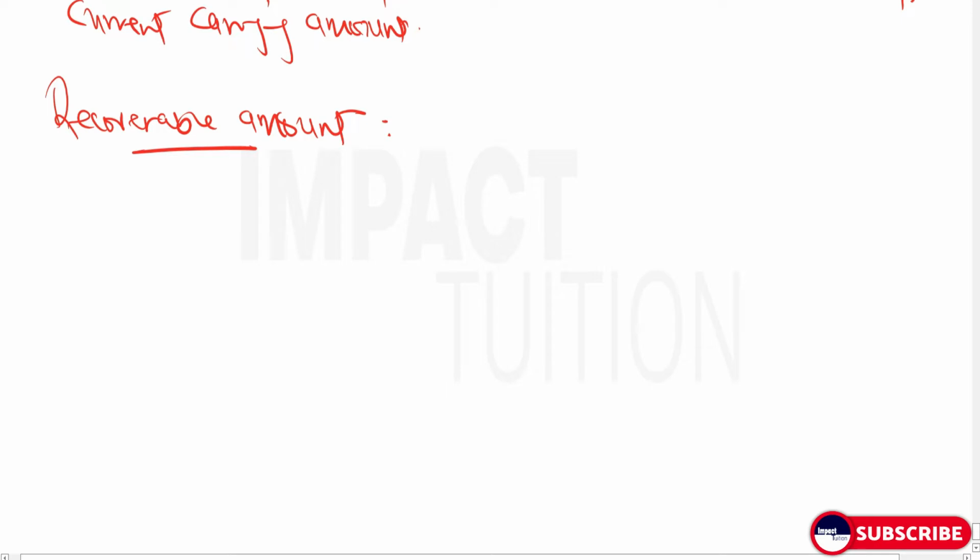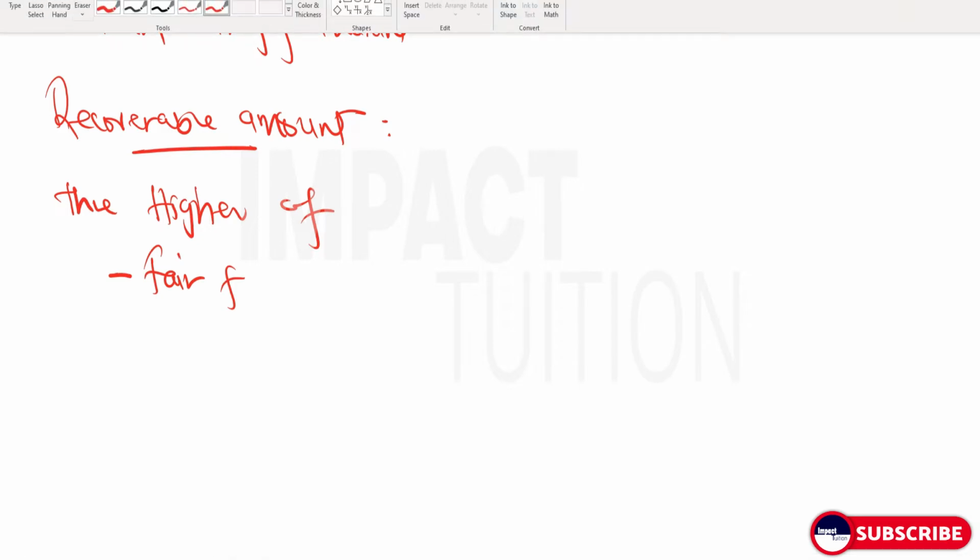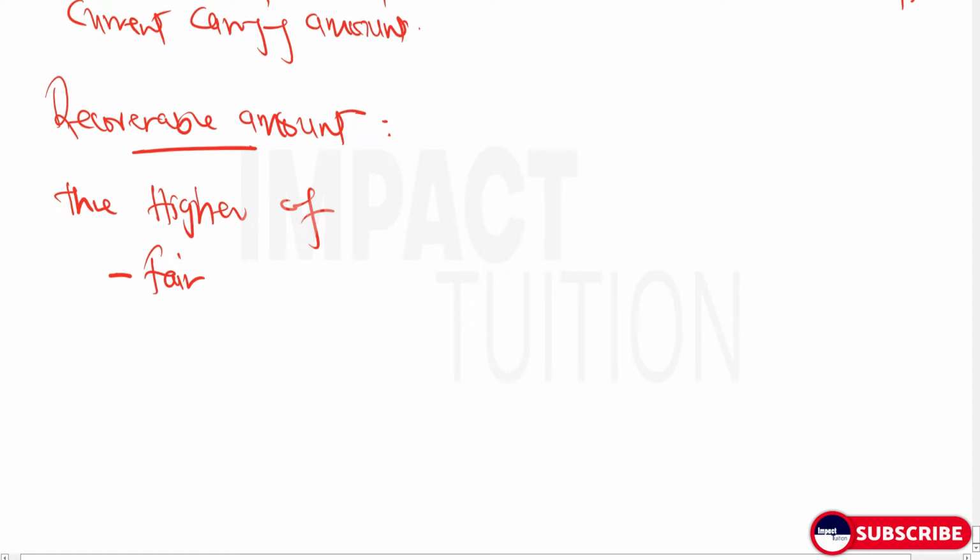The recoverable amount is taken as the higher of fair value less cost to sell, which is the same as the net realizable value, and value in use.